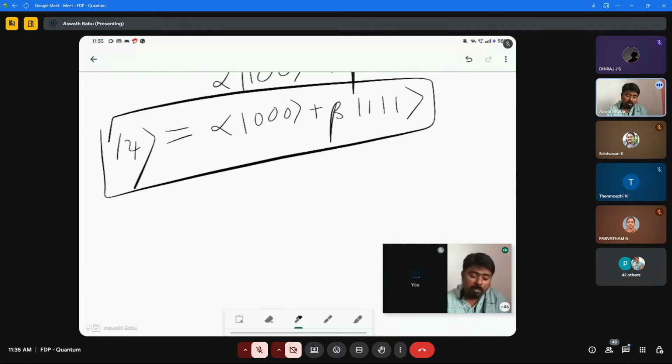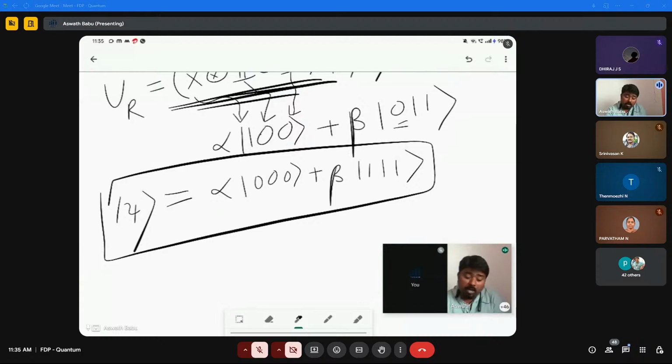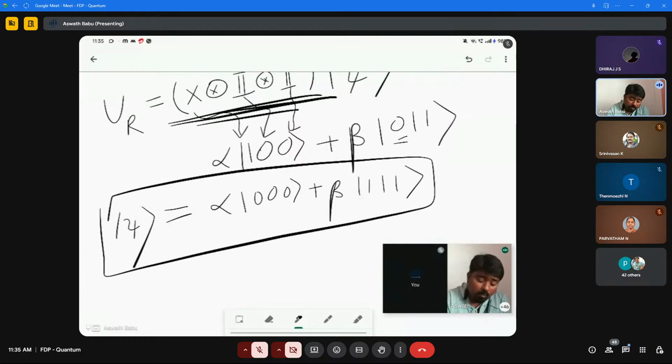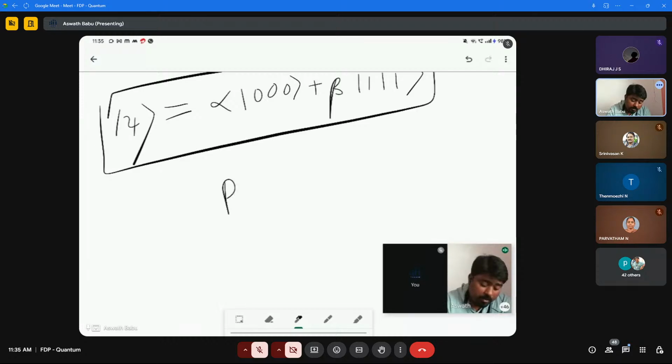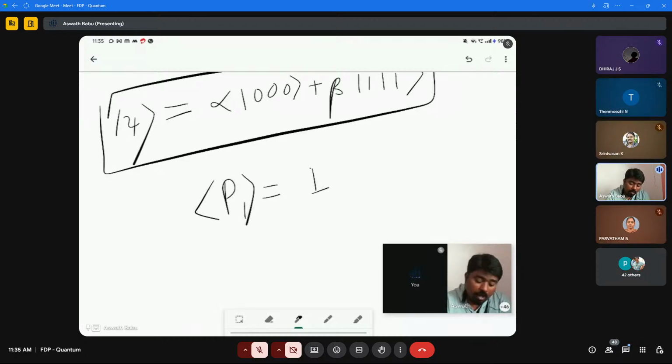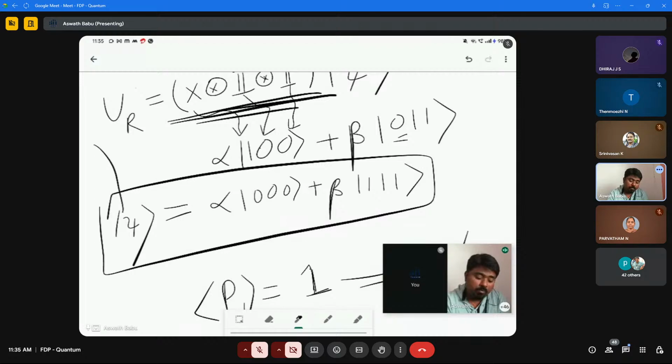Now remember one thing: which qubit is to be recovered depends on whether the measurement P1 is giving you 1 or not. If measurement P1 is giving you 1, I should apply UR1. This is UR1.